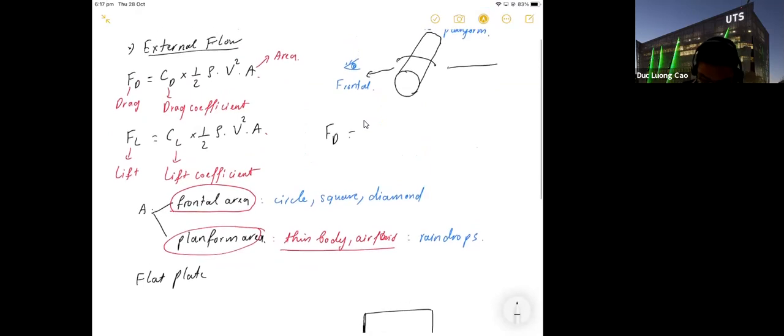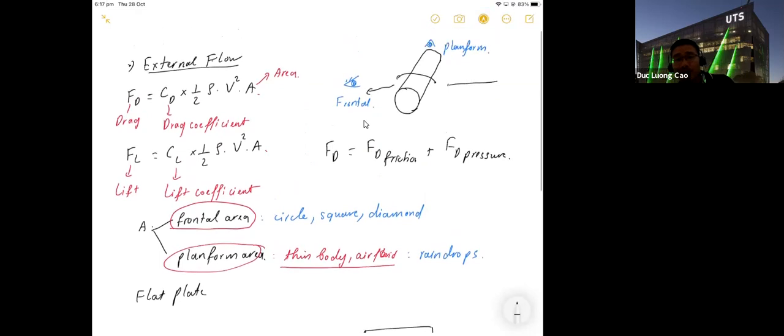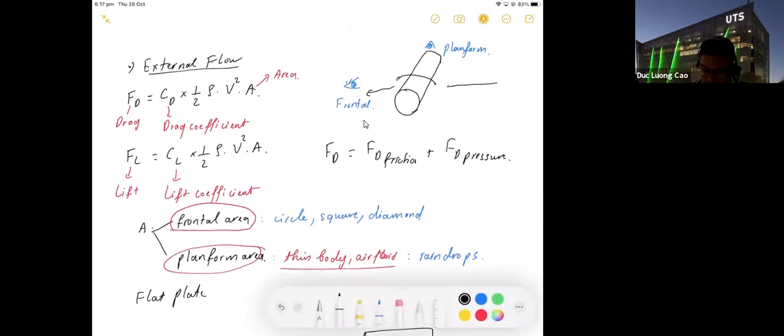Actually, this one equals friction drag and pressure drag, FD pressure. Why do we have pressure drag? To remember, in Lab 2, Part A, you have 21 pressure holes around half of the cylinder. In the front, this one is point 1, and this one is point 21, for example.